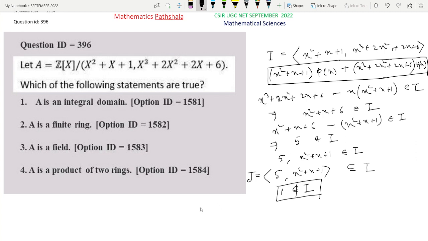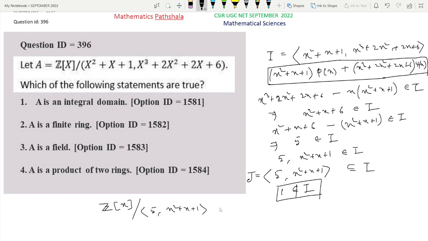Now consider this quotient ring, Z[x] by J, that is, by the ideal generated by 5 and x square plus x plus 1.